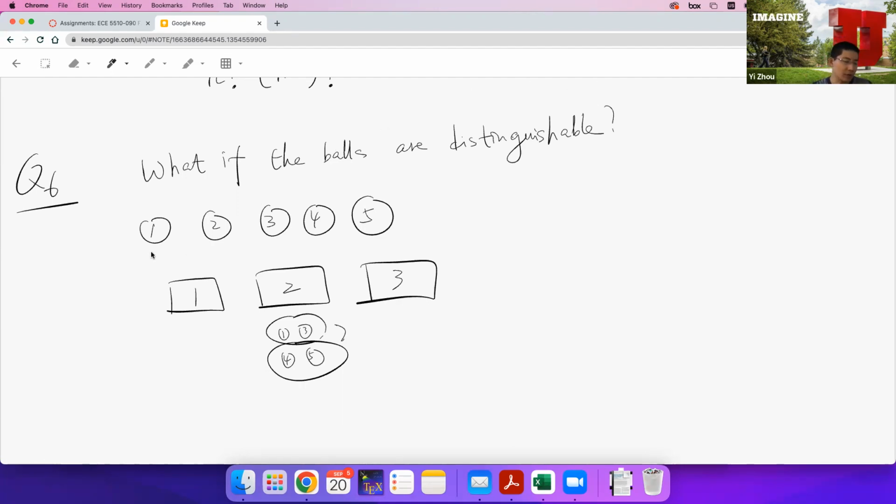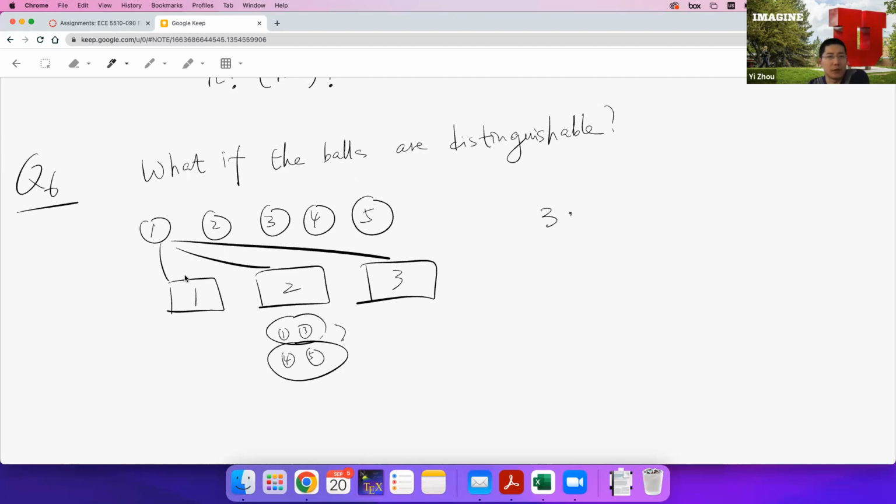So we can think about this in this way. For the first ball, because it is unique, different from the rest of the balls, I have to figure out a box to place the first ball. So I have 3 choices, right, for the first ball. I can do 3 different choices.